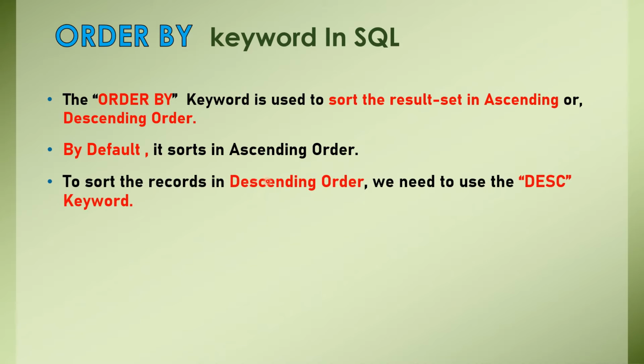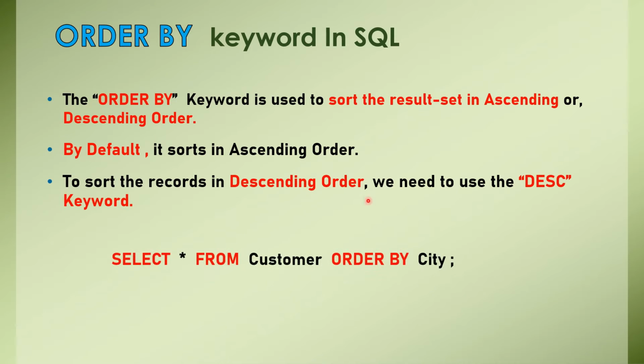So first understand this: to sort records in descending order you need to use the DESC keyword. Okay, the DESC keyword. So you need to remember that the ORDER BY keyword by default sorts in ascending order, but if you wish to sort the records in descending order, then you need to use the DESC keyword. Okay, and how to use this keyword I will show you.